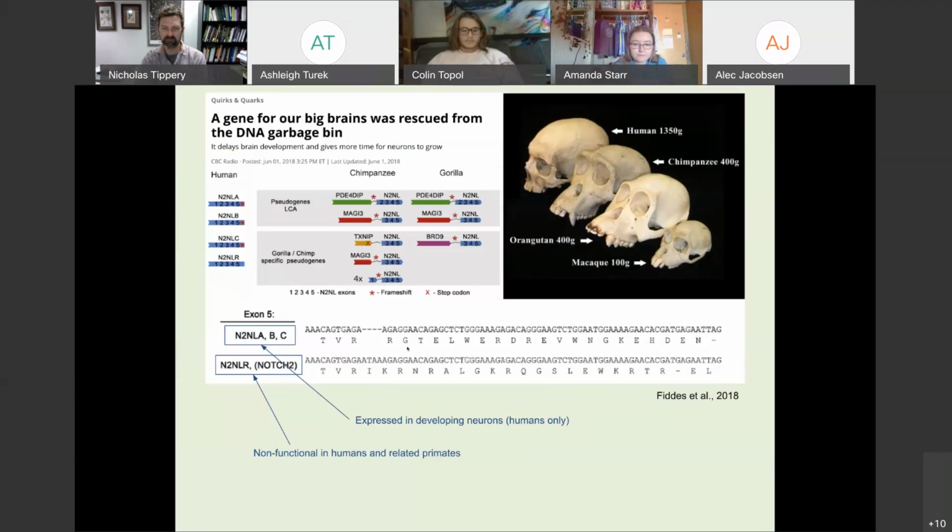So by shifting the frame of this protein, it either has this important function in humans, or it has a basically non-functional version in our living primate relatives. And so you can see that important changes can happen as a result of frame shifts.